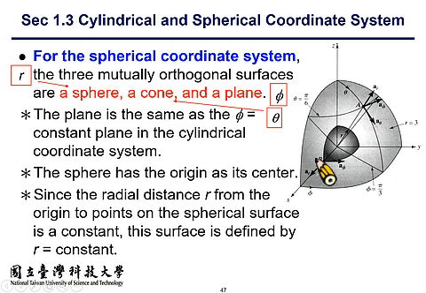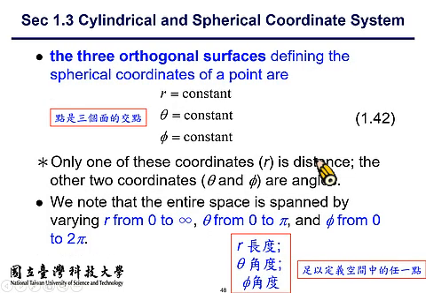What is a cone? When you buy the ice cream from the family, right? So you end up with a cone. Of course, you can have a cone pointing upward or pointing downward. What is the geometry if you fix phi as a constant number? You get a half plane, expanding to infinity, okay? So a plane, a cone, and a sphere.